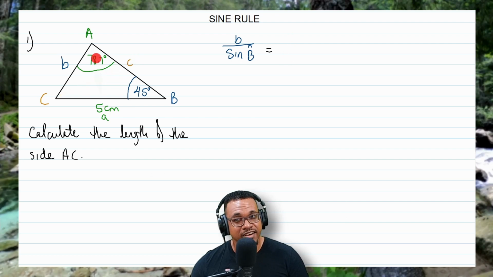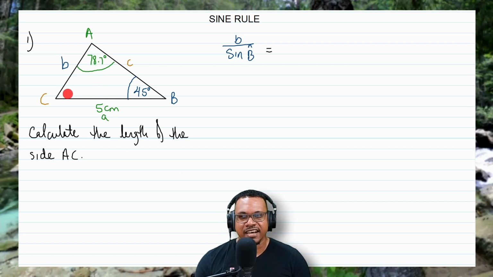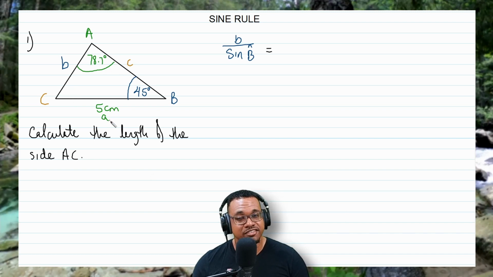But I know the magnitude of angle A and I know the length of side a. So I'll be using a over sine angle A. Now, if for some reason I had to use angle C, I could find that easily because the sum of the three interior angles of a triangle must add up to 180 degrees. So I could add up this 78.7 and this 45 and take it away from 180 and I will get angle C. But I still can't use c over sine C if I did that because I still don't know the length of side c.